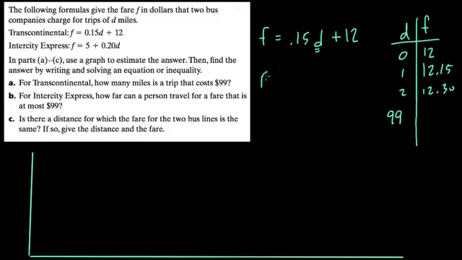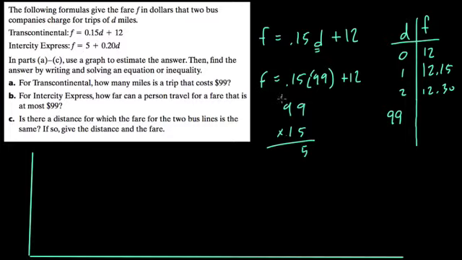What would 99 miles be? Well, let's go for that. It would be equal to 0.15 times 99 plus 12. There are many ways to do this. I'm just going to do the long multiplication. This is 0.15 times 99.